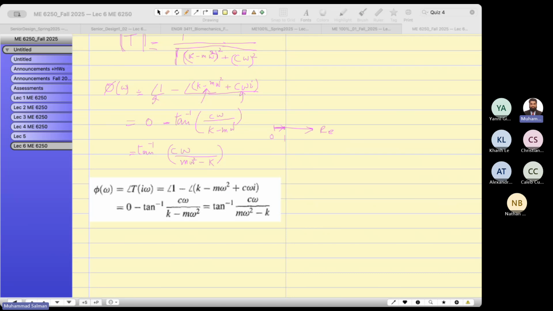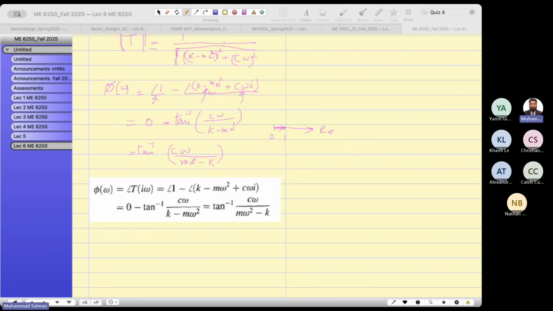So there is some theory behind this. Now I want to show you that the same transfer function can be manipulated to get some more useful values. So let me show you what I mean by that.